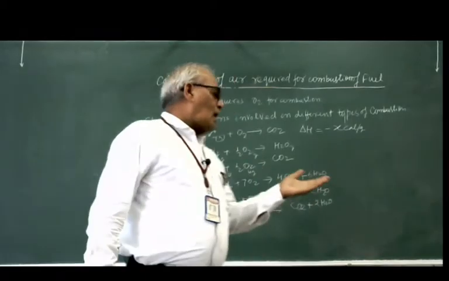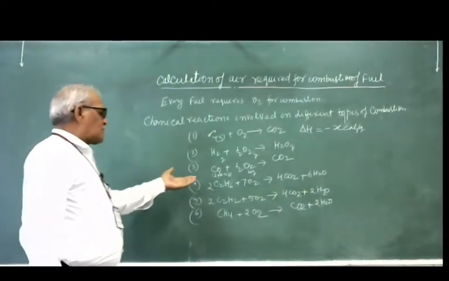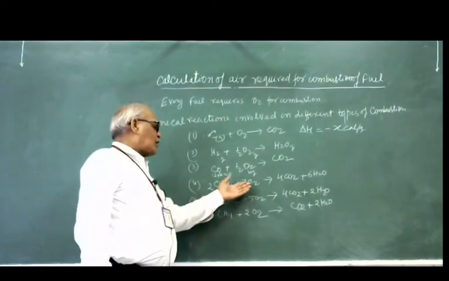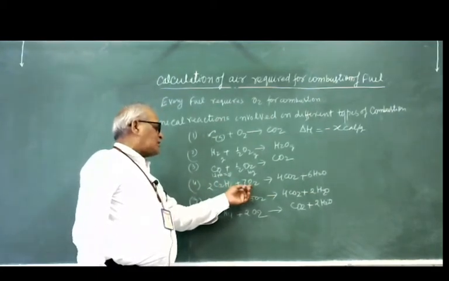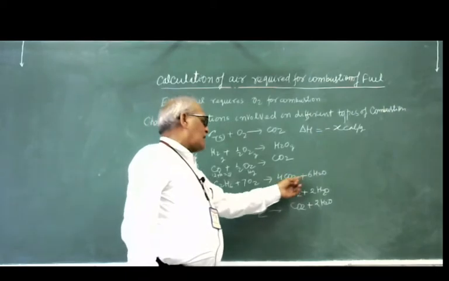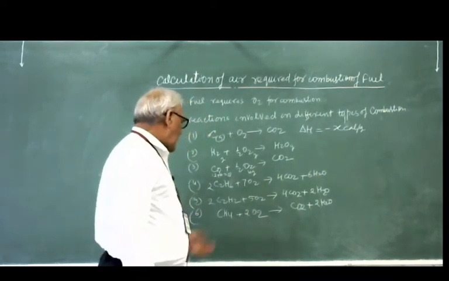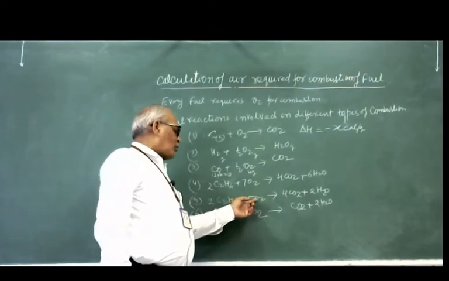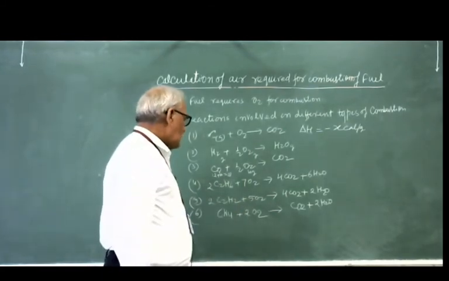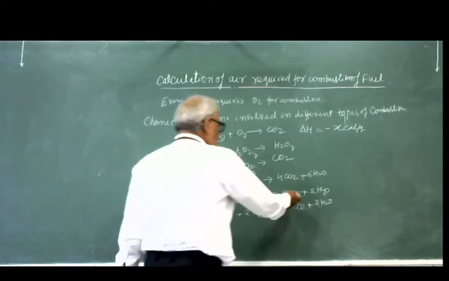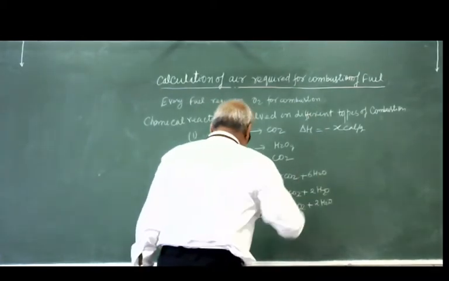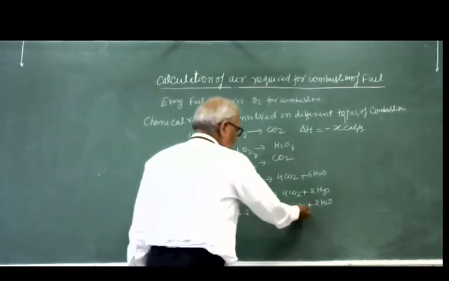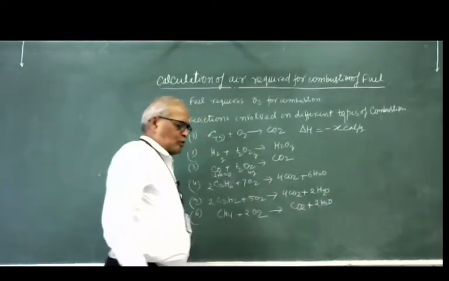So either we calculate oxygen required in terms of the weight or in terms of the volume. So there are other reactions also. Suppose this is the ethane. Ethane will require this much of the oxygen giving carbon dioxide and water. Acetylene, it requires 5 O2 giving carbon dioxide and 2 H2O. Methane requires 2 O2 giving carbon dioxide and H2O.